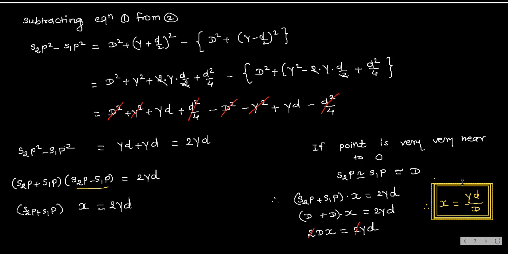This is a very important formula for path difference: X is equal to YD by D, where Y is the distance of point P from the center, that is the central bright band, D is the distance between the screen and the slits, and small d is the separation between the slits. Understand? Okay.